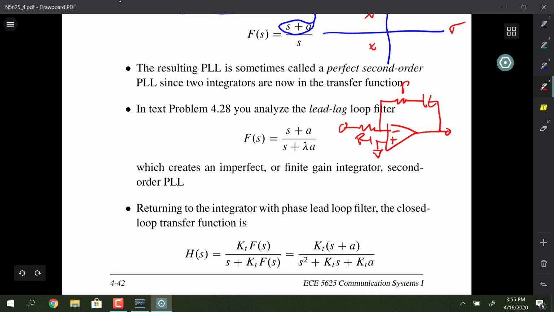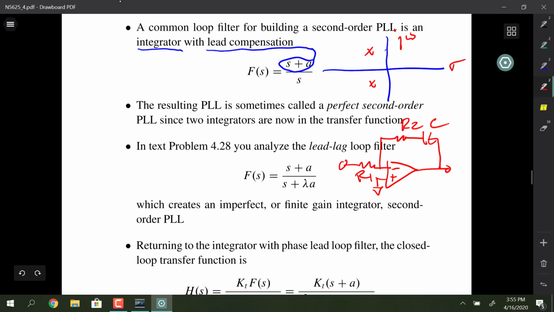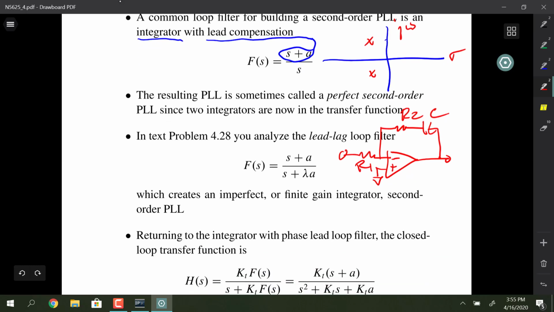That's R1, R2, and C. So that loop filter implements this F of S that we have right here. And then the second F of S we have here is implemented in this fashion by putting a resistor in the feedback path and not having infinite gain anymore at DC, because there's now a resistor in there.